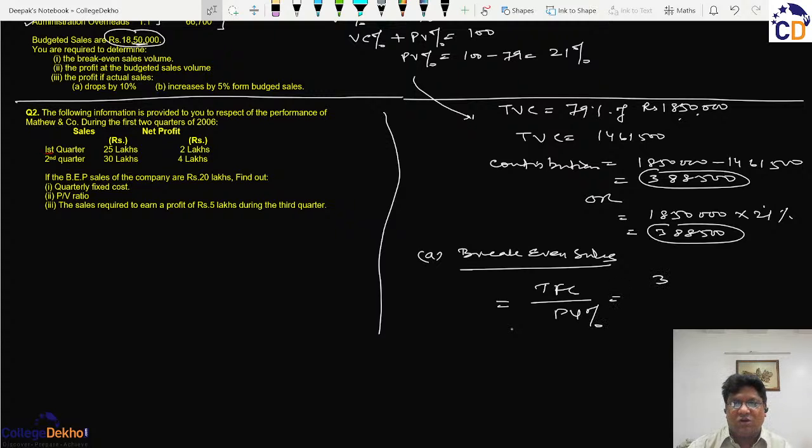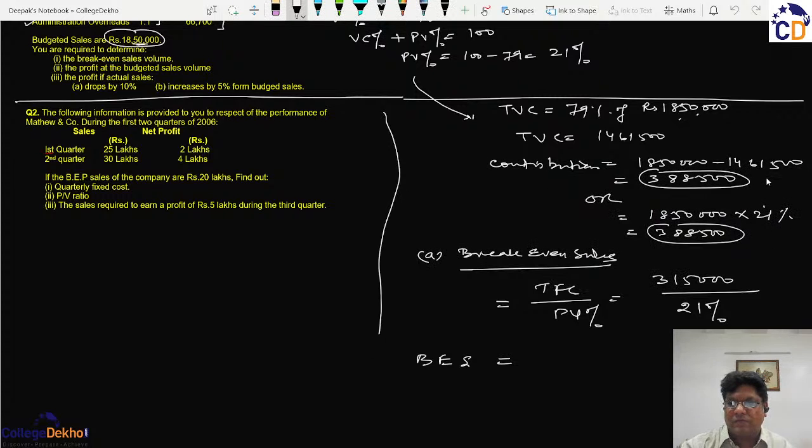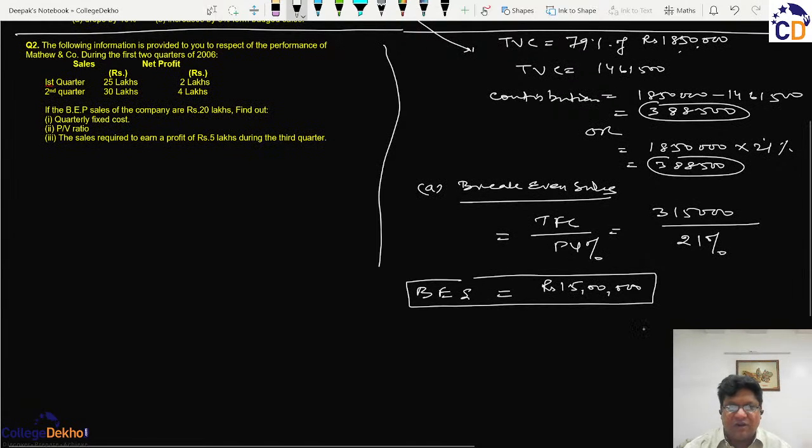Here, because the total fixed cost was 3,15,000 and the PV ratio was 21%, the break-even sales will be 3,15,000 divided by 21%, and the figure comes out to be 15 lakhs. So it denotes that out of the total sales of 18 lakh 50,000, break-even sales is 15 lakhs.